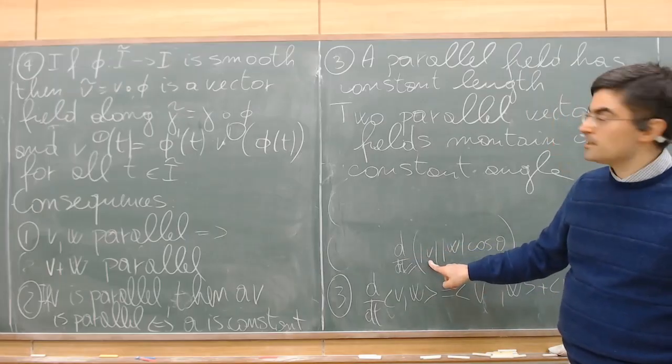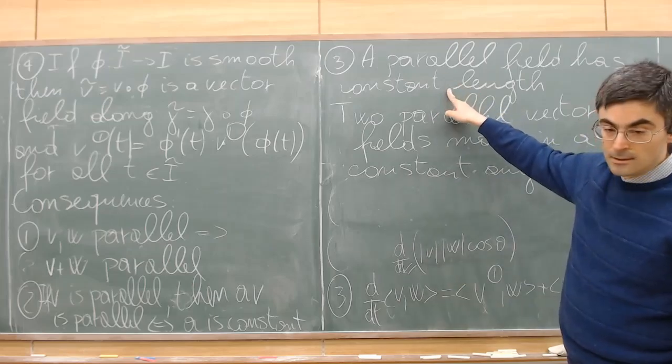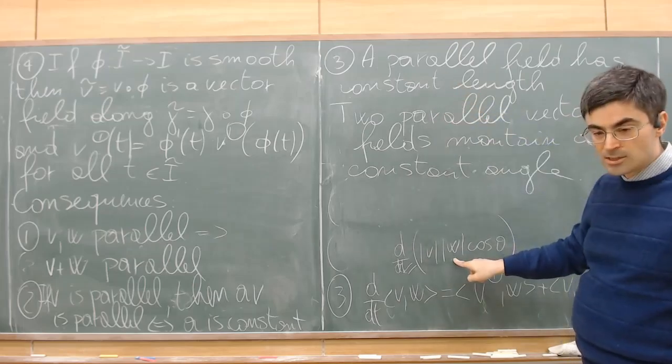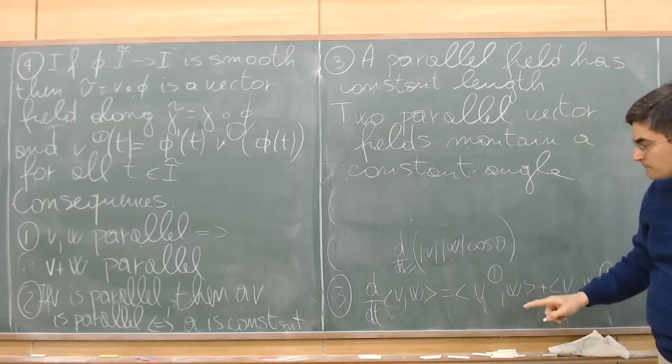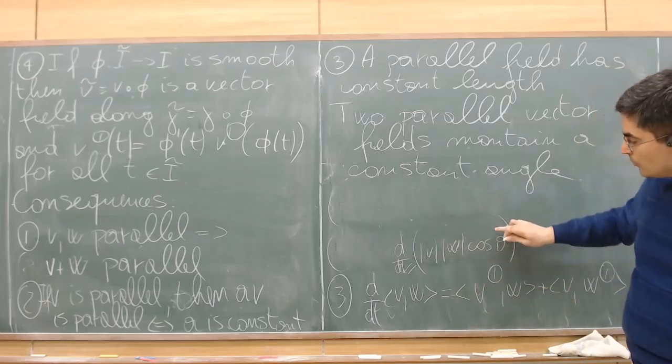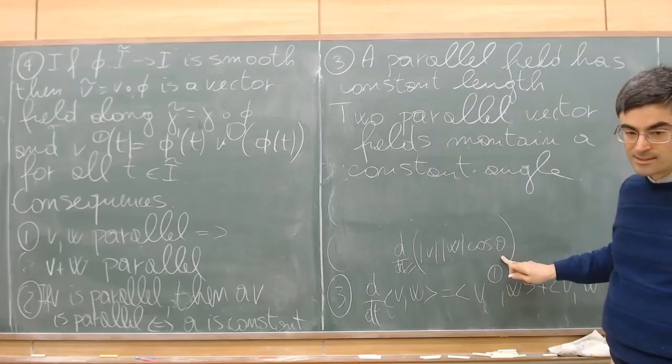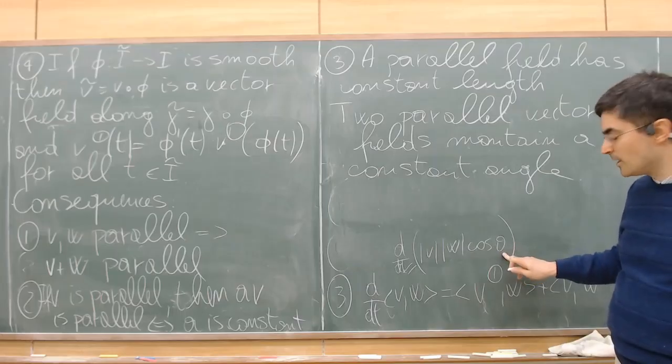The lengths are constant, so to make this 0, we need the cosine of theta to be constant. This means that the angle is constant.